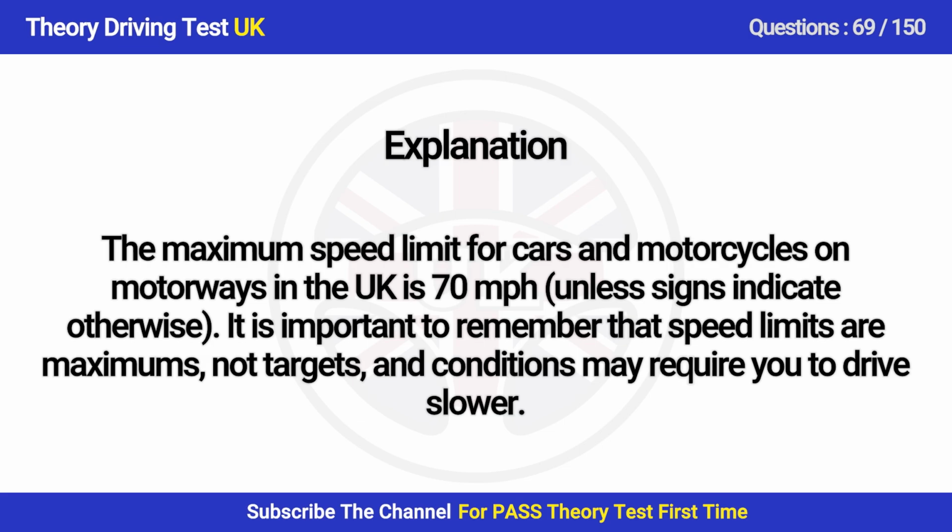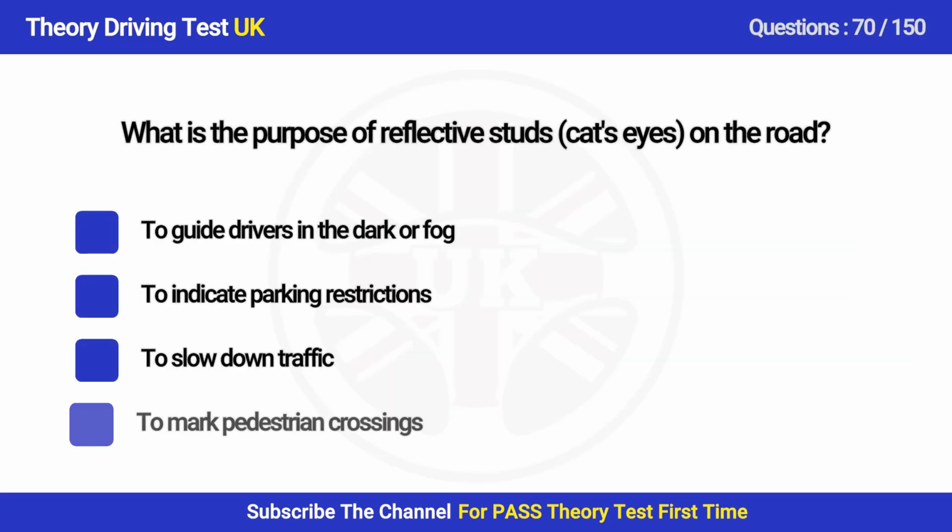Question 70. What is the purpose of reflective studs, cat's eyes, on the road? A, to guide drivers in the dark or fog. B, to indicate parking restrictions. C, to slow down traffic. D, to mark pedestrian crossings.